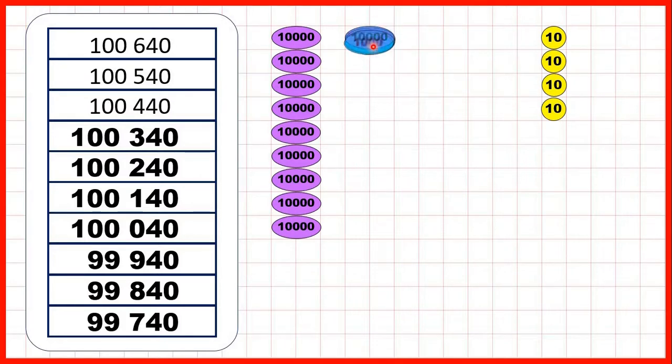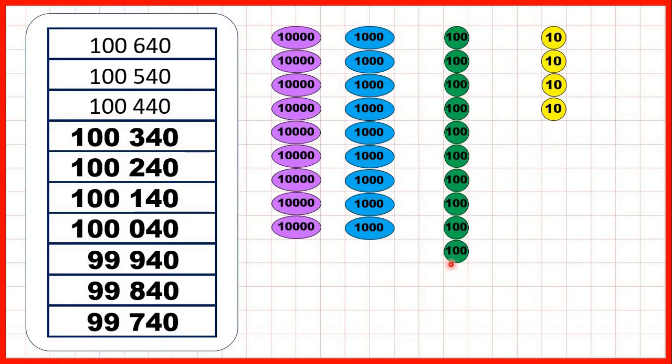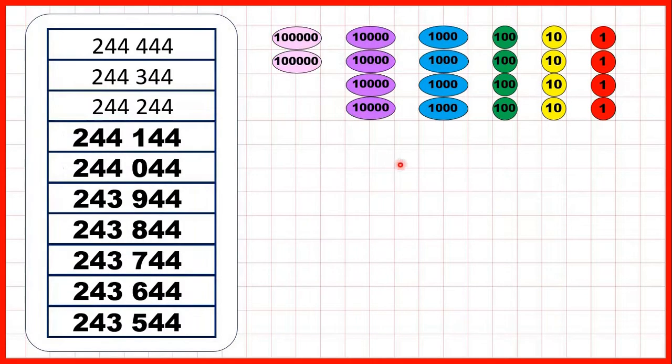Then we need to exchange one of our 10,000 counters for 1,000 counters. And now we can exchange one of our 1,000 counters for 10 hundreds. So now we can keep on counting back until we get to 99,740. So that's nine 10,000s, nine 1,000s, seven 100s and 4 tens.